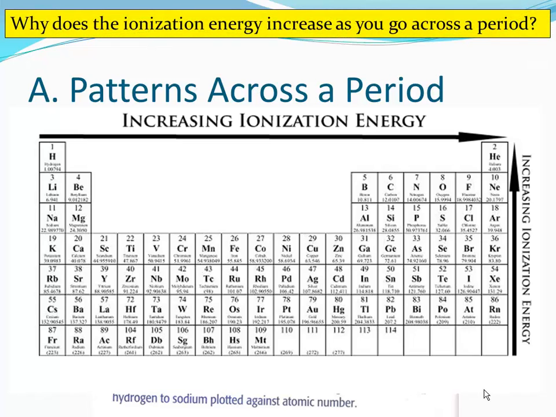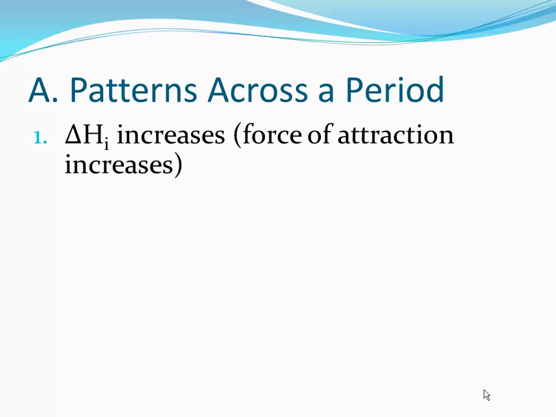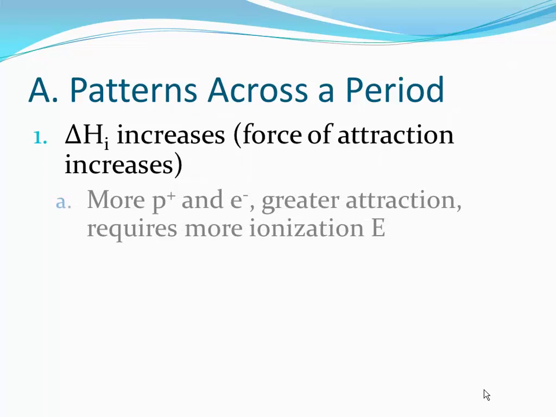So why does the ionization energy increase as you go across the periodic table? A few things. First, the force of attraction increases. You have more protons and electrons, so there's a greater attraction between the electrons and protons that requires more energy to remove that electron.